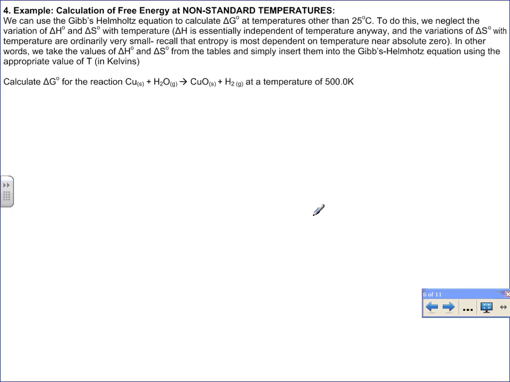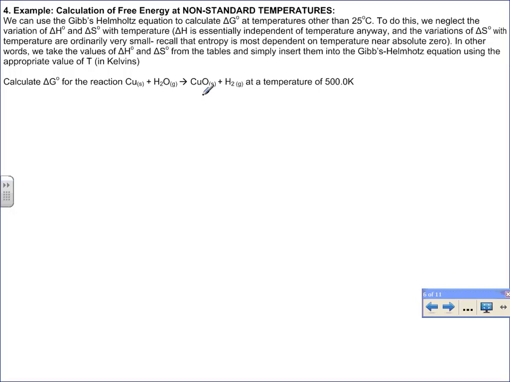For this, we're going to still use the same formula, so delta G is equal to delta H minus T delta S. And what we're going to do is use the temperature that is given for the process in the question. So in this particular example, we're going to calculate the delta G naught for this reaction at a temperature of 500 kelvins.